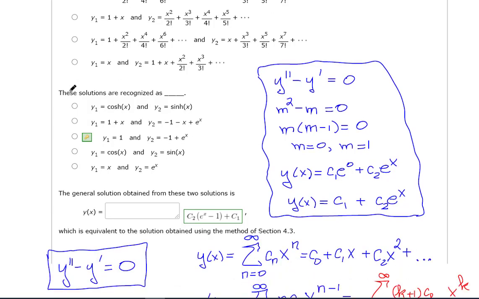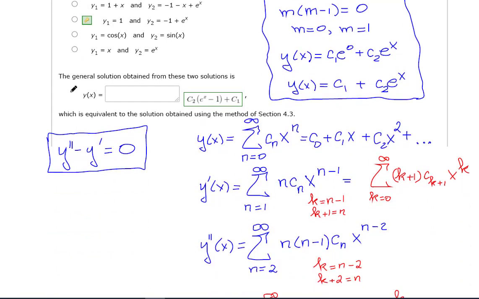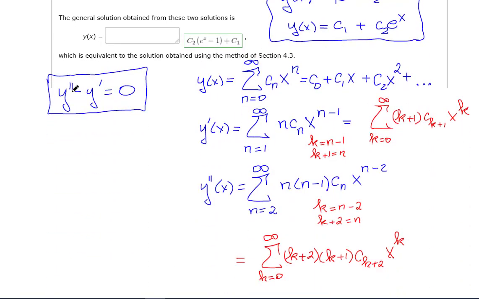All right, so let's take a look at that. We have our differential equation. We assume it has a power series representation. The first derivative, the initial C0 would be 0, and I would just start off with C1, C2 and so on.